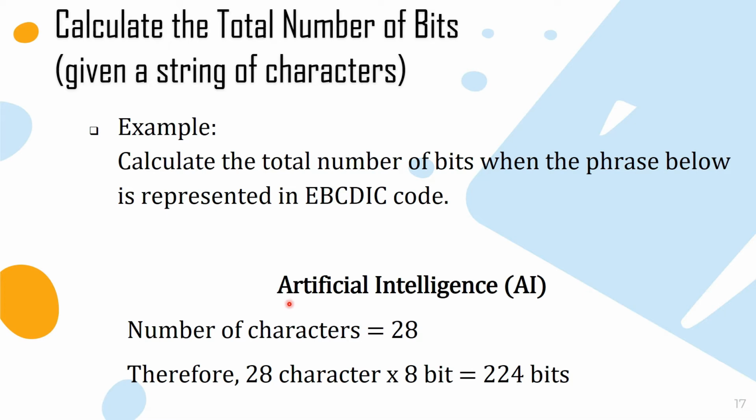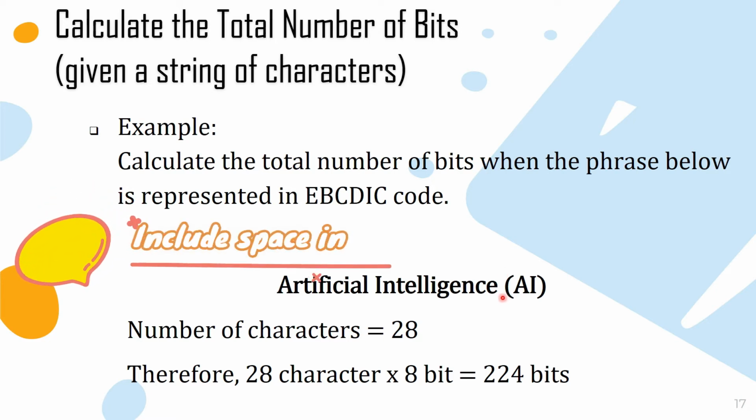First you need to count all the characters used. To count the characters used, you must include the space here as one character, and this space also one character. Why?